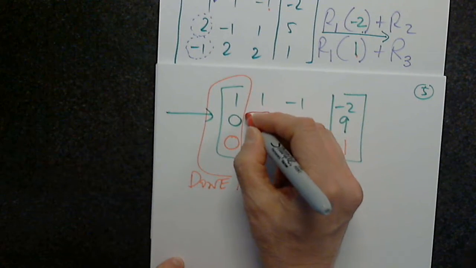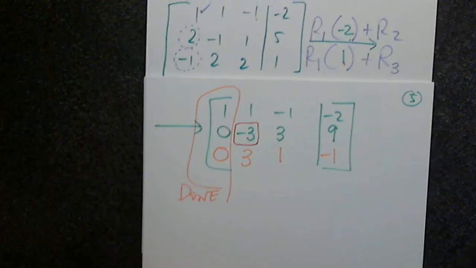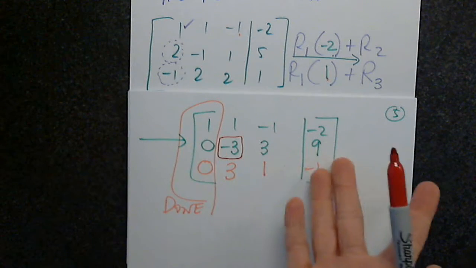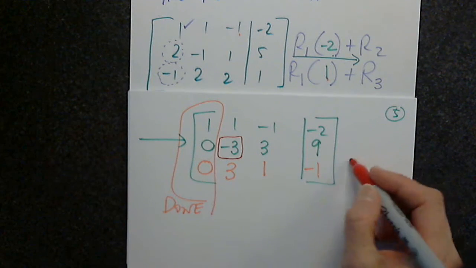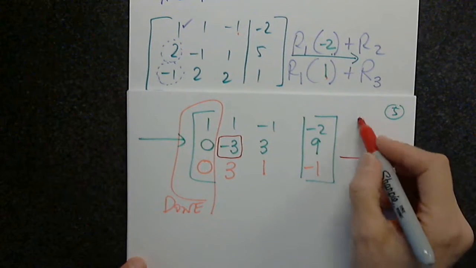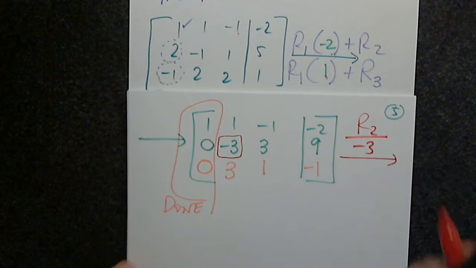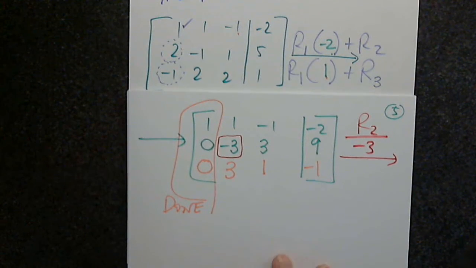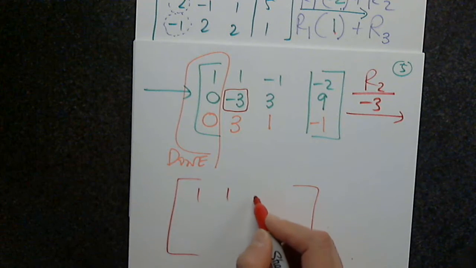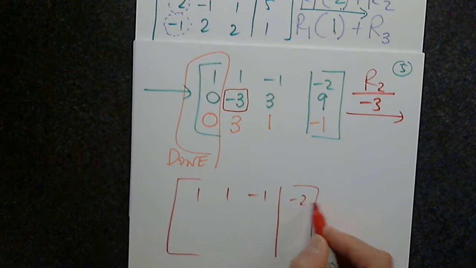Here's my target next. What do I want to have there? I want to have a 1. Very good. Is there a way of doing something to this row and maybe getting a 1 in there? Negative 3. Very good. Row 2 divided by negative 3. Excellent. So let's copy everything. The top row does not change.